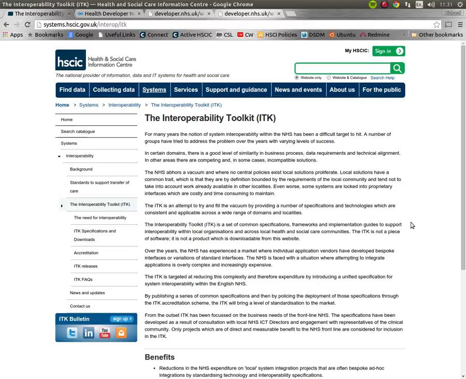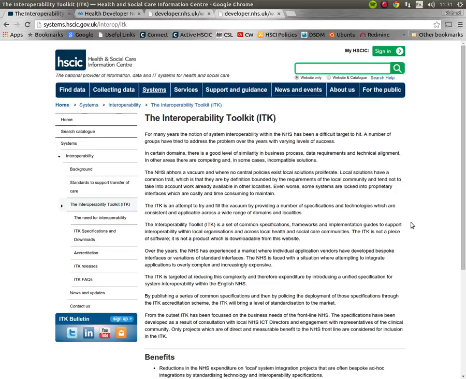So the main landing point, as I said, is the Interoperability Toolkit web page. This contains various pieces of information. It explains a little bit about ITK, what its focus is. Certainly at the moment, 2015, a lot of the focus is around transfer of care and the changes to the NHS contract.